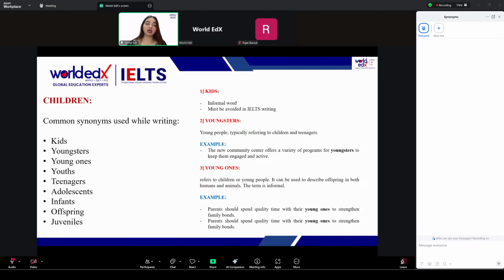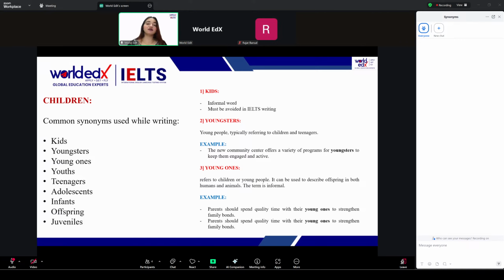Adolescents is a formal word. Infants, offspring, and juveniles. When we talk about kids, kids is something that we say when we're informally referring to children. You will not say, I have to pick my offspring from school. Offspring is a very formal word. Progeny again is a very formal word.